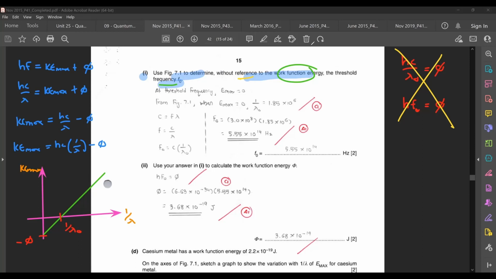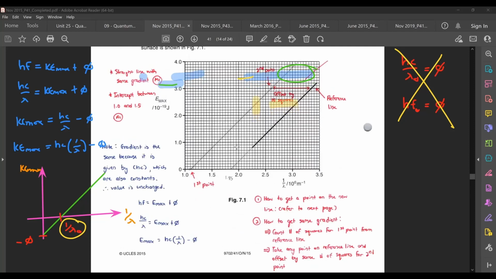So what you first do is you read off the threshold wavelength from your x-axis. So what you can find now is that your 1 over lambda naught is 1.85 times 10 power 6. The graph that you have is incomplete. You have to extrapolate a line to reach the x-axis.